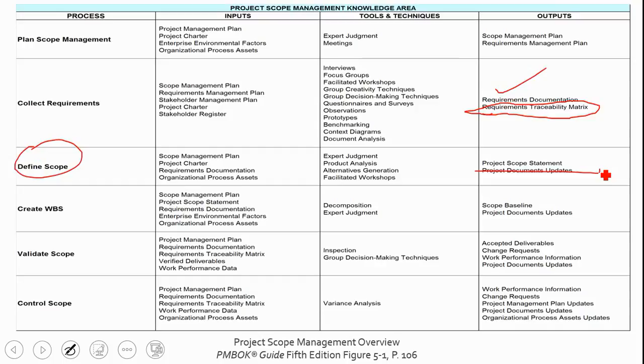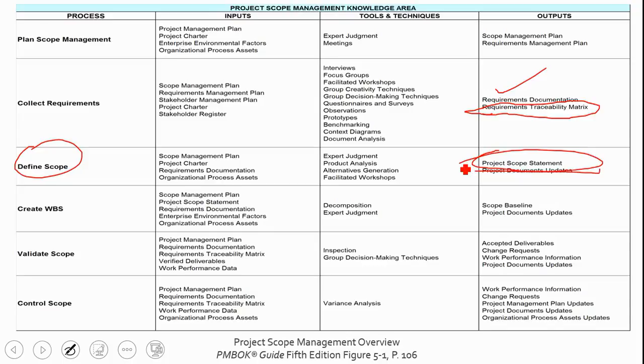Your project scope statement contains inclusions, exclusions, constraints, assumptions, deliverable description, acceptance criteria. That stuff is very important. So as you take a look at your project scope statement, know what is in it, okay? How do we get there?